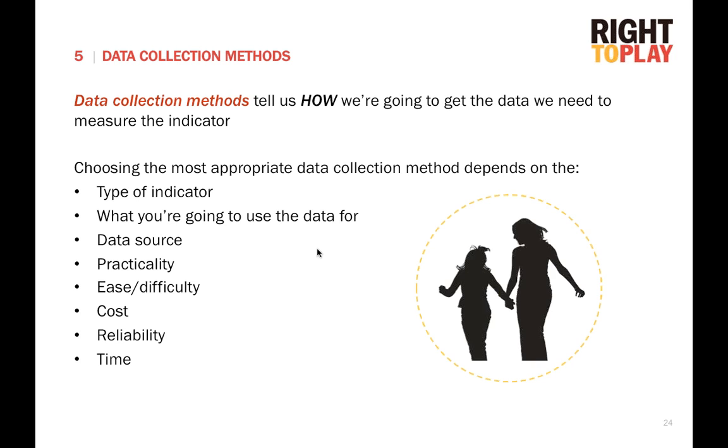Of course, it also depends on the level of involvement. Whether they're participants, or people that are actually implementing different aspects of Right To Play programming, that's going to affect the type of information that you collect from them and how you collect it. And of course, whether you're collecting information from a child or from an adult, because you're going to need to use different methods to ensure that it's appropriate for the person you're actually speaking with and collecting information from.